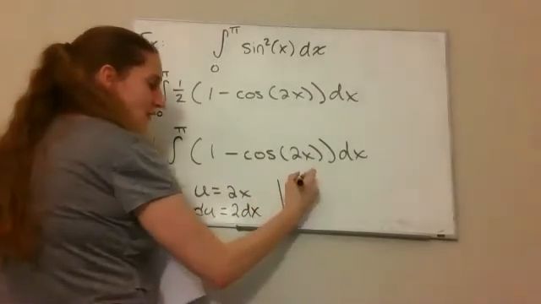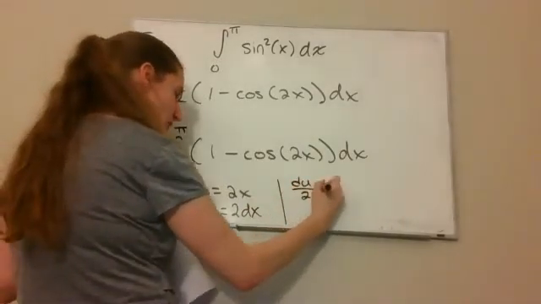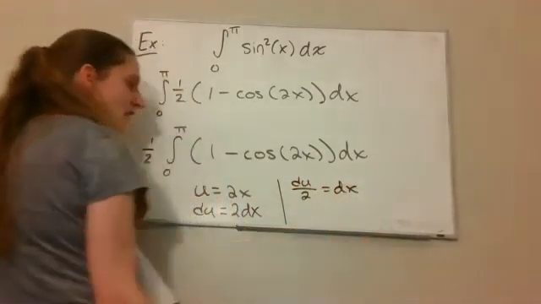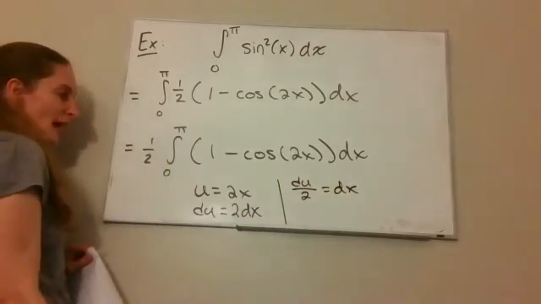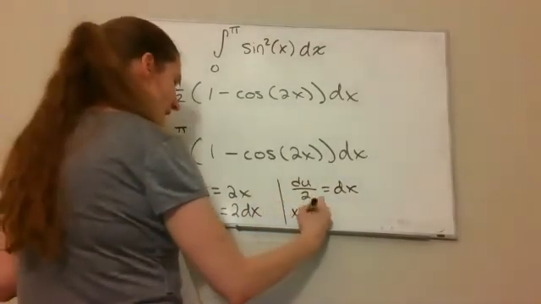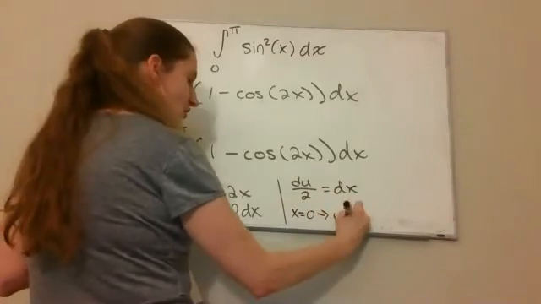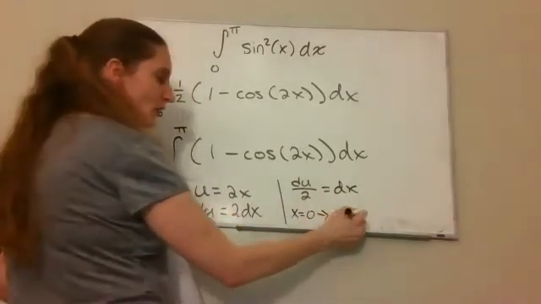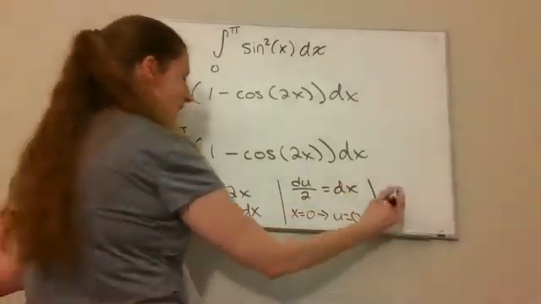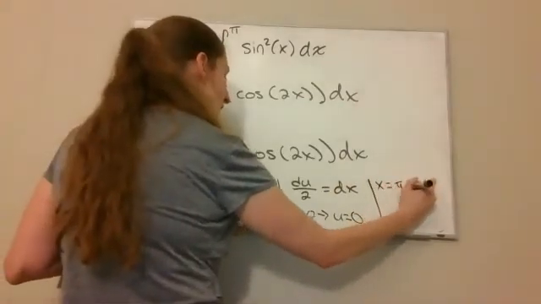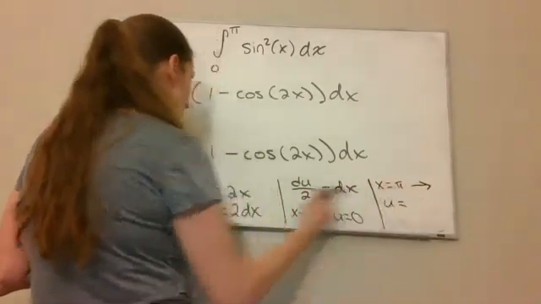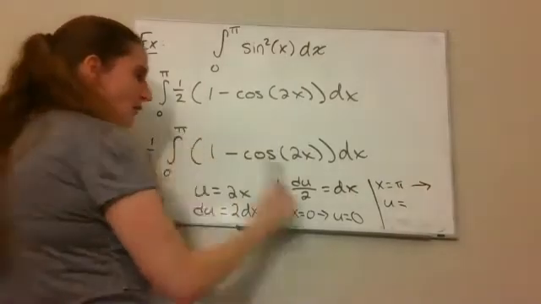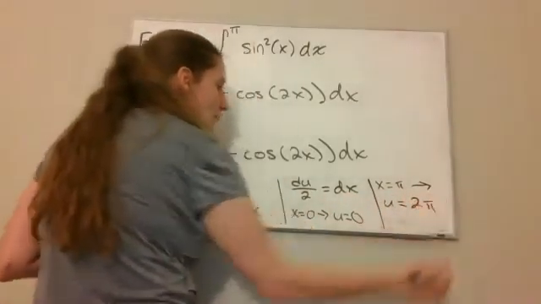This means du over 2 is dx, and we're also going to change our bounds. X equals 0 means my u is 2 times 0, which is 0. And x equals pi means that u is 2 times pi, so 2 pi.